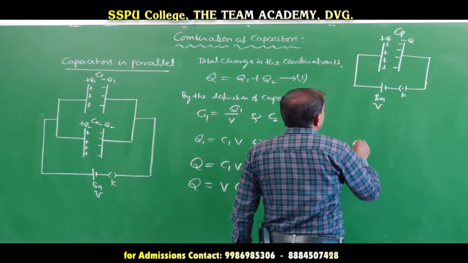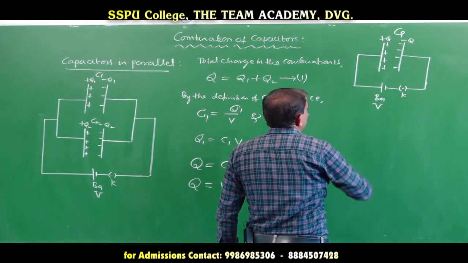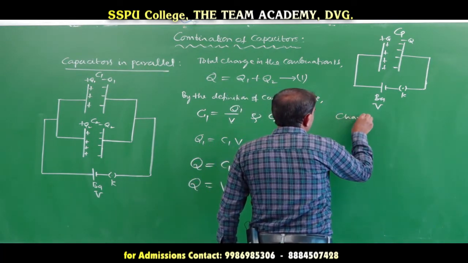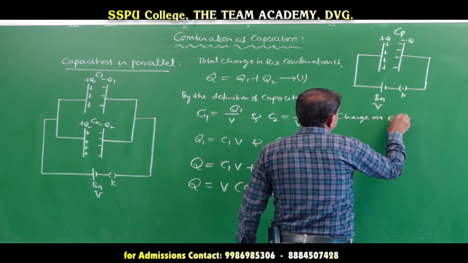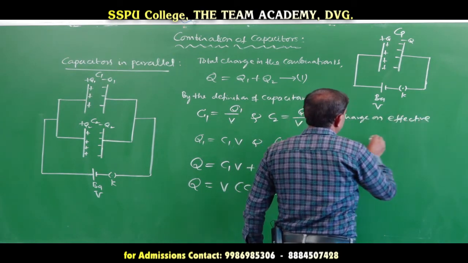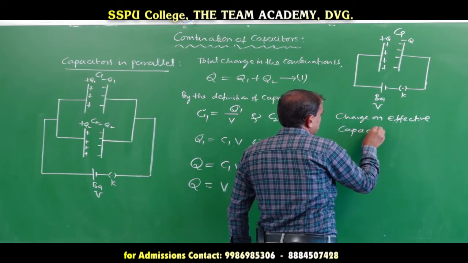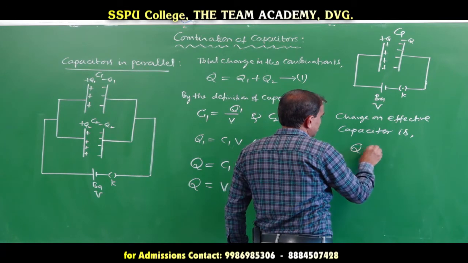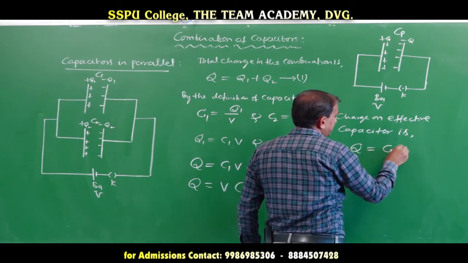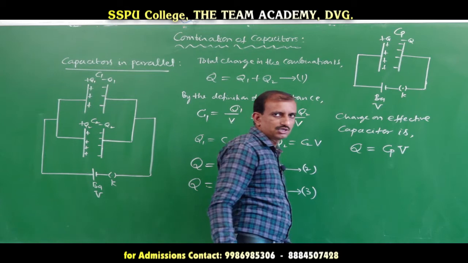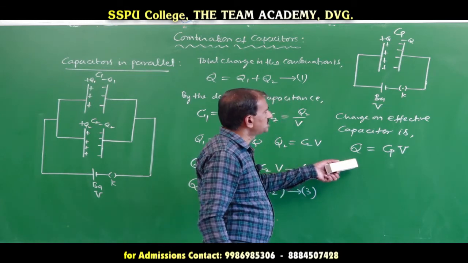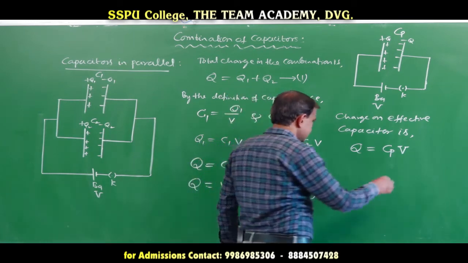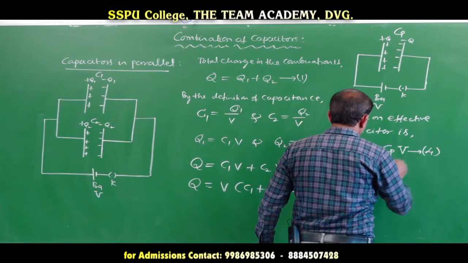So now the charge on the effective capacitor is Q equal to Cp into V. The total charge on the effective capacitor, therefore Q equal to Cp into V. Call this equation number 4.